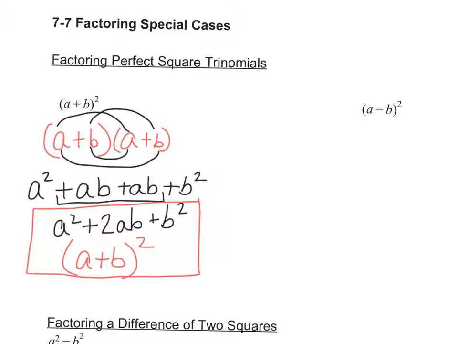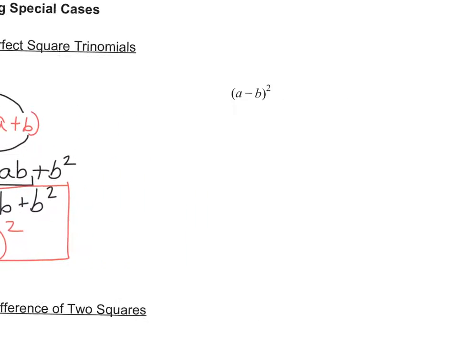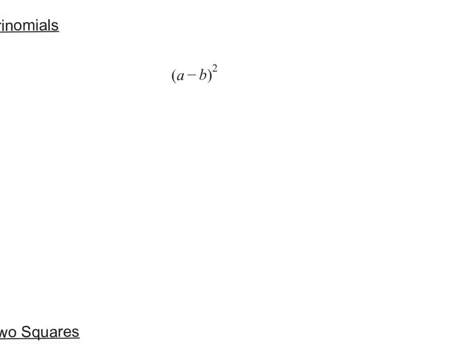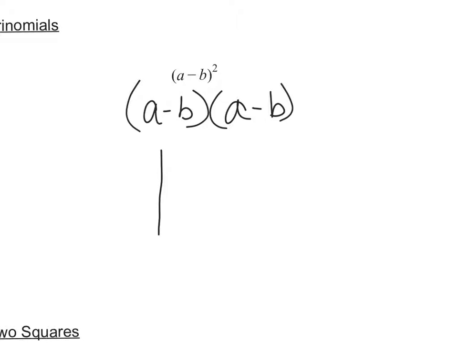I'm going to show you one more because there are two different perfect square trinomials. We also have (a - b) squared. You ready? So let's try (a - b) squared. We're going to multiply this out. So (a - b) squared is (a - b) times (a - b). All right, so this time I'm going to use the box just because I like to change it up.